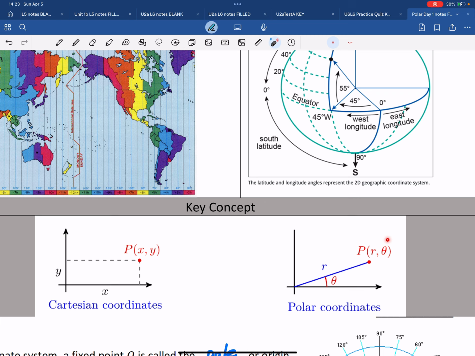Usually the angle's in radians, that'll be our default. But that puts us at the same place. It's just we're getting there a different way. So the way I normally think about it is move some distance away from the center. That's our radius, and then rotate some angle to get to that contextual point.